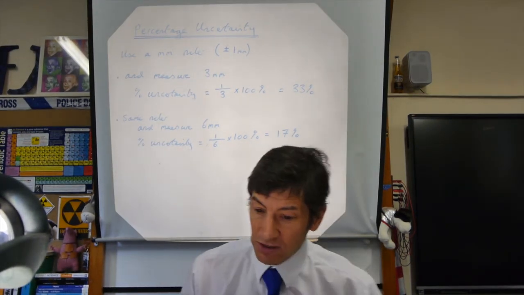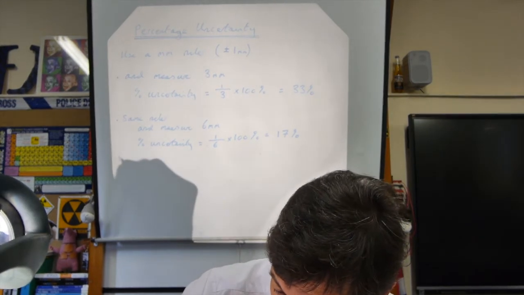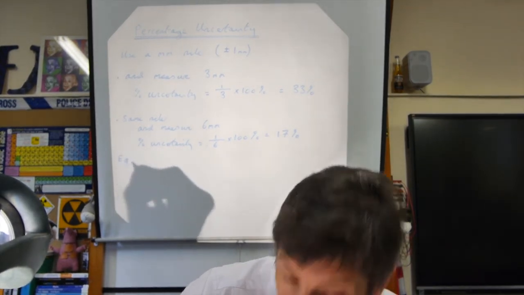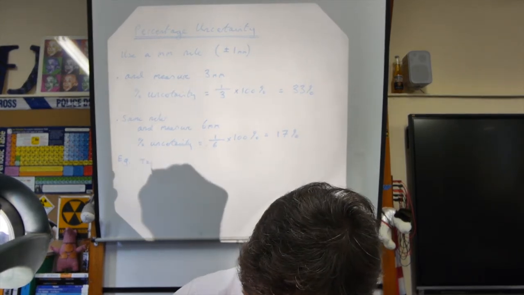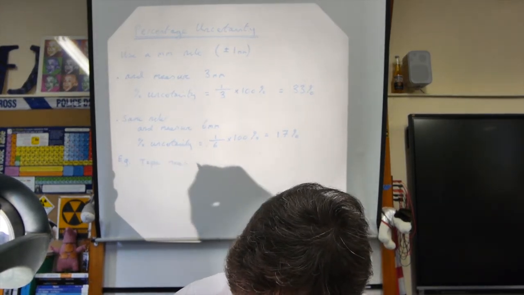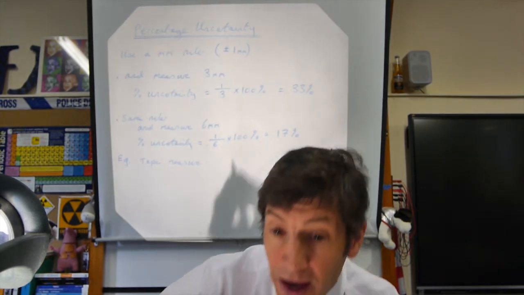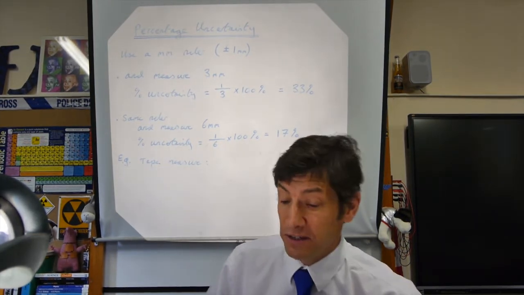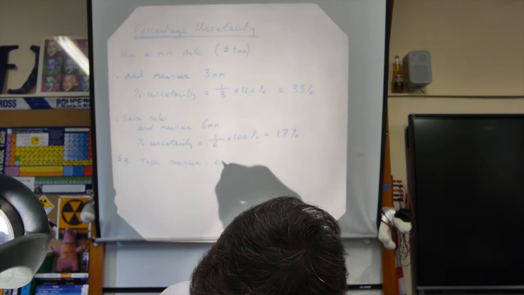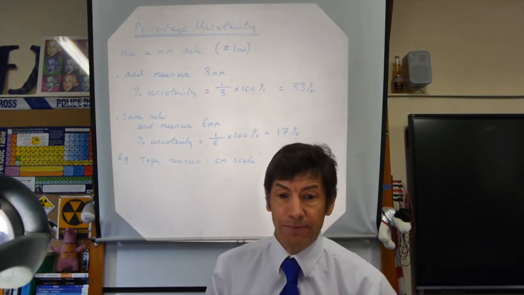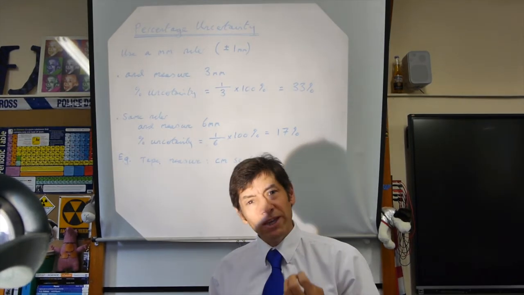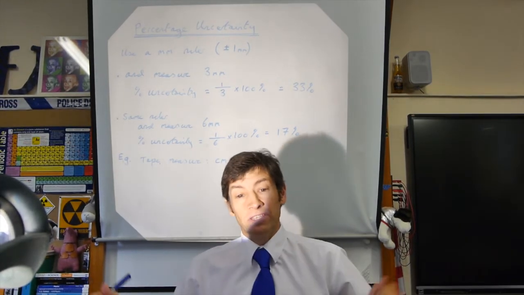Now I'd like to look at just one more example very quickly. What happens if we use something like a tape measure? The tape measure is calibrated with a centimetre scale. Obviously, nothing changes here, but I want to give you an example where we use it to measure metre lengths.